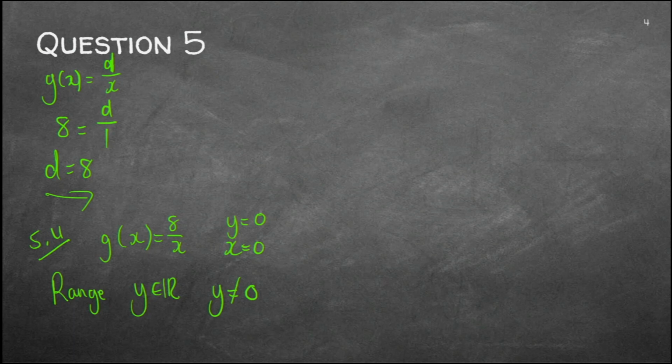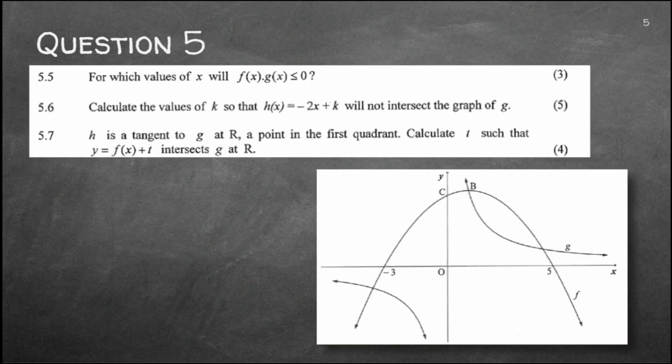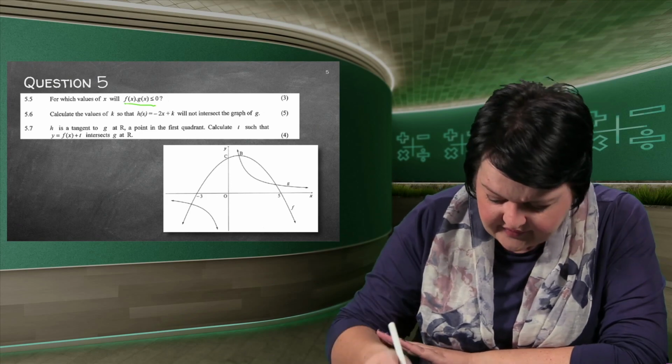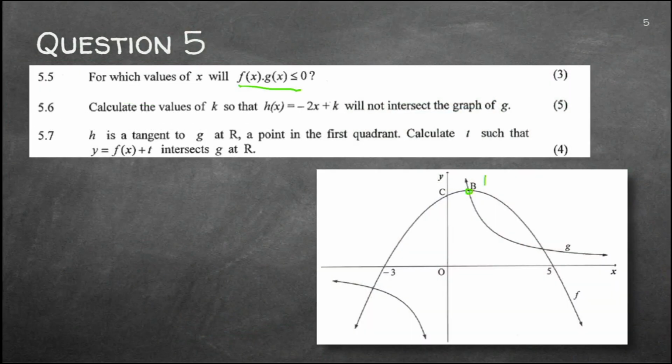Let's have a look at the next few questions then. For which values of x will f(x) times g(x) be smaller or equal to 0? So this is a typical question that we can expect. So first things first, quickly put in the coordinates, the (1, 8). We know that's 7.5, and that's about it.